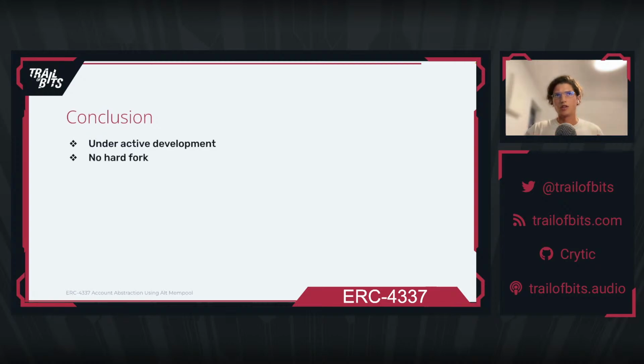So there's still some changes that might happen. Also, as I mentioned, getting all of these specs for minimizing the denial of service attack surface is quite hard, and I'm pretty sure we'll see some changes there. The good thing is this ERC does not require any hard fork. It can be implemented today, and it is implemented today, and it is being used today, and it's being iterated on, which is great.